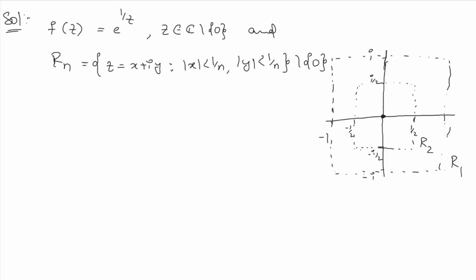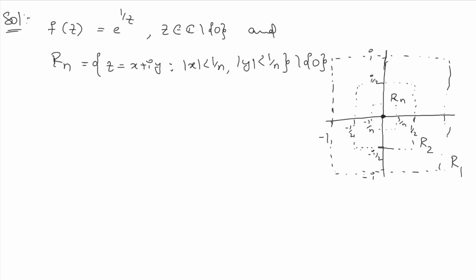And similarly, by doing the same thing, we get this as Rn approximately for all natural numbers n. So we get this as 1 by n, this as minus 1 divided by n.